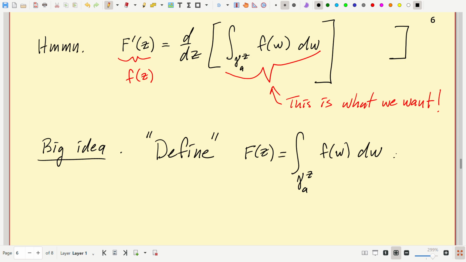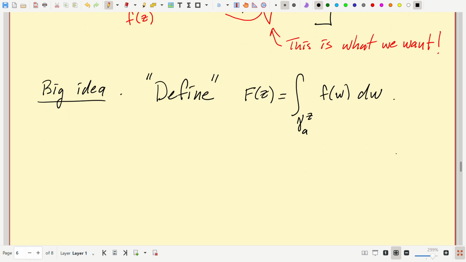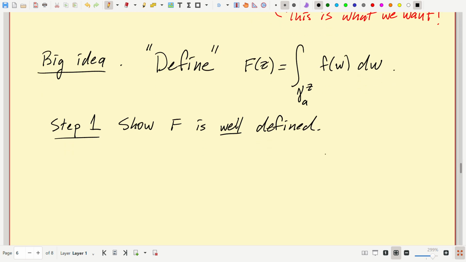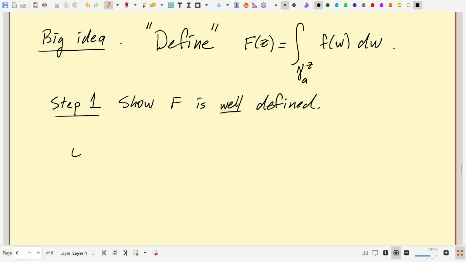I've got two problems to deal with. Number one, I would have to show it's well-defined. Step one, that's going to be easy. Show F is well-defined, meaning it makes sense. That turns out to be easy because of the hypothesis. I'll do a picture here so you see why it's easy.